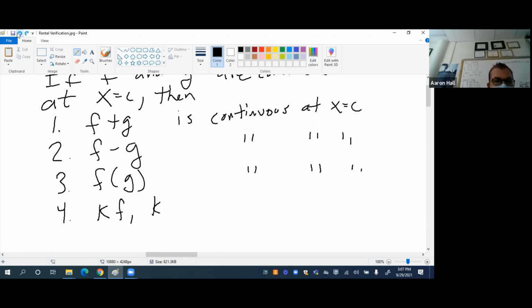If I have some vertical stretch, and for some value of x both functions are continuous, then that same value will be continuous even if I multiply by some scalar and have a vertical stretch. So k is a constant.